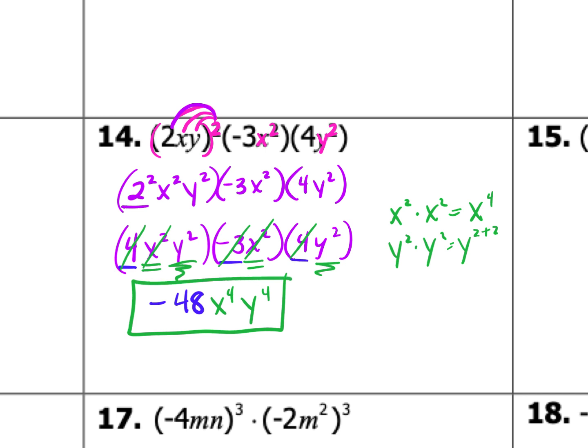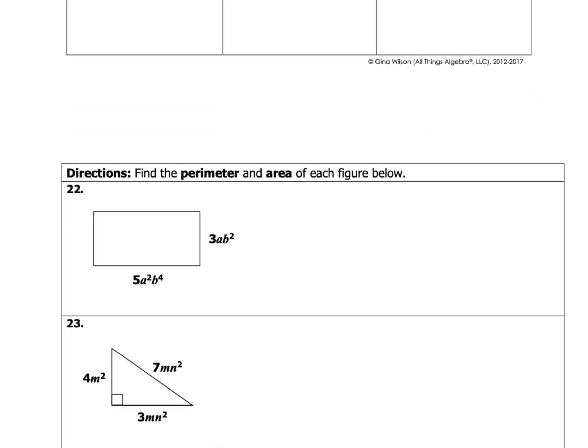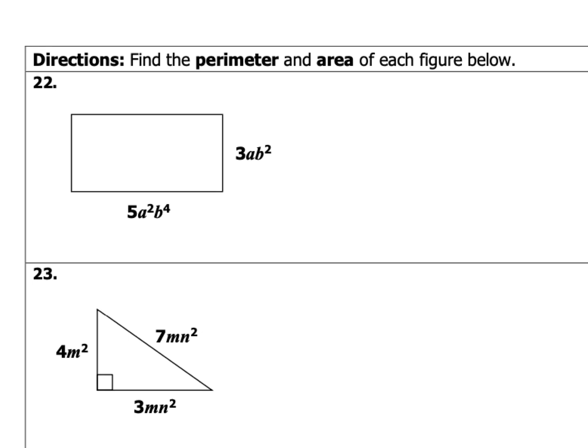Okay, and then the one that I want to cover on the back page of this is just number 22, where you're finding perimeter and area, because this is what you'll have to do on a quiz for me soon. So remember, perimeter is double the length and double the width, and then add them together.